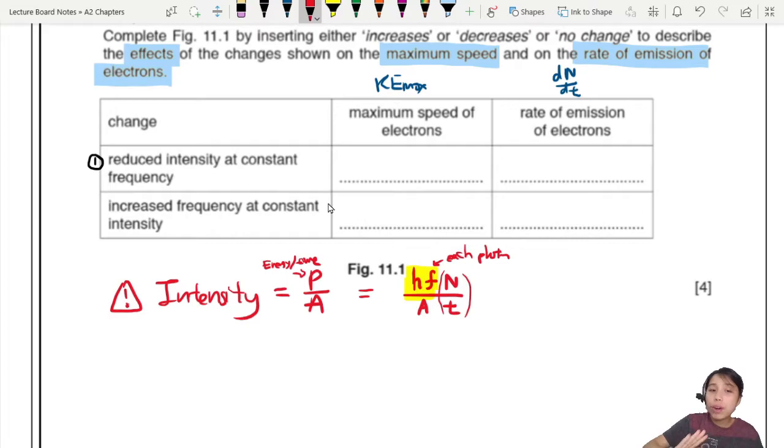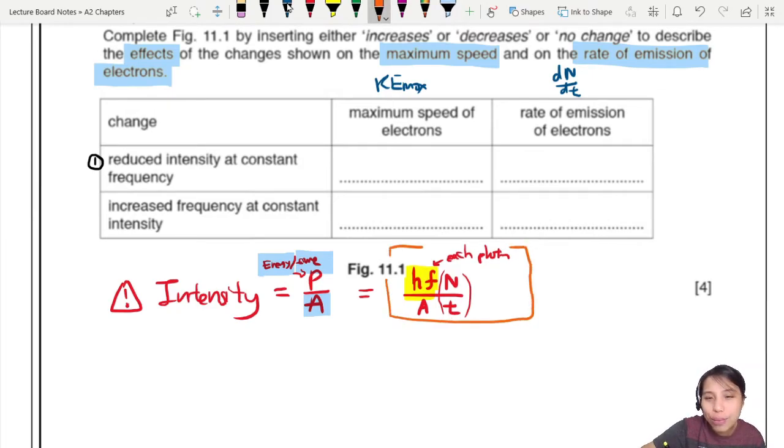So be careful: intensity is energy per unit area per unit time, and that can be opened up into this unofficial equation for the intensity of the photoelectric effect.